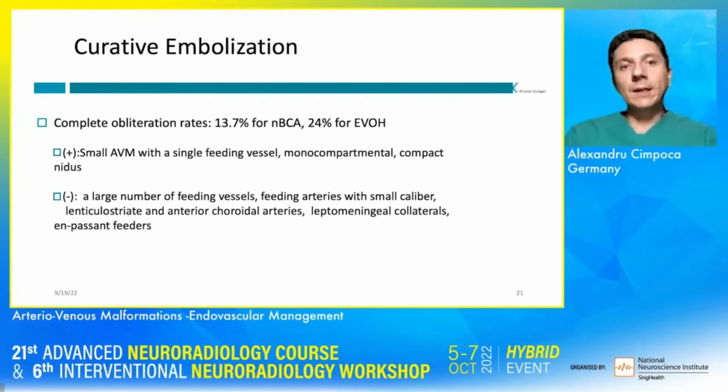Curative embolization, well, the obliteration rates are pretty low. You can expect about 30% for NBCA and 24% for Onyx. It's going to work in small AVMs with a single feeding vessel and a compact nidus.